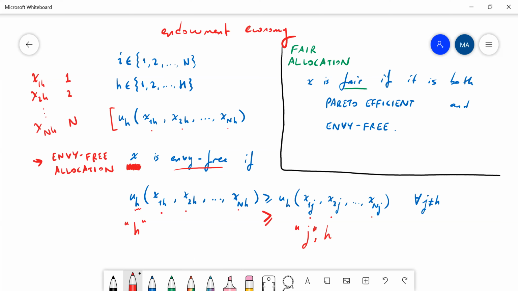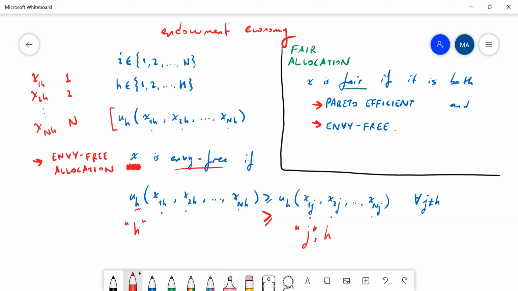So why is that helpful? Because we say if an equilibrium is both Pareto efficient and envy-free, then it is fair. All right? Now, of course, we can discuss whether this is good enough for a definition of fairness. But at least we can formally discuss fairness here, right?